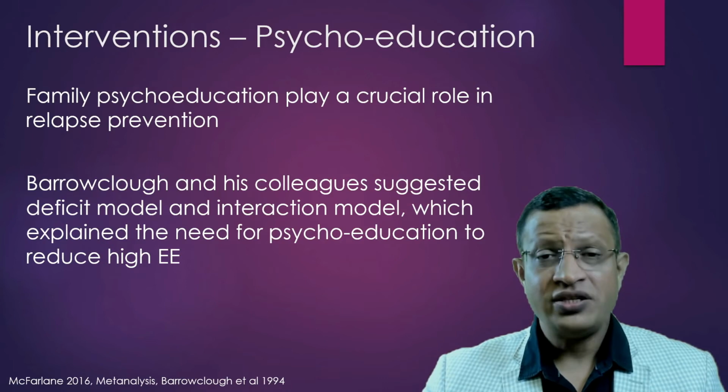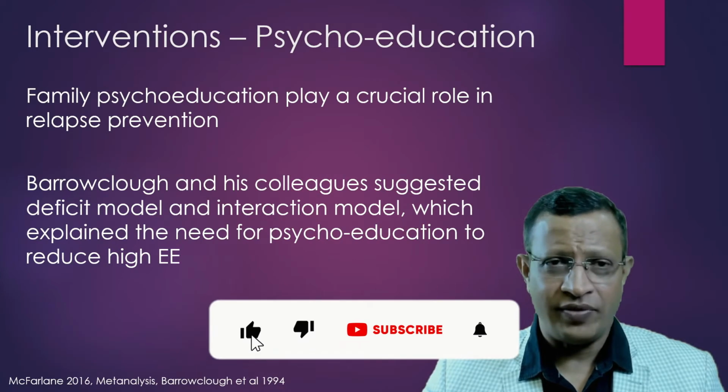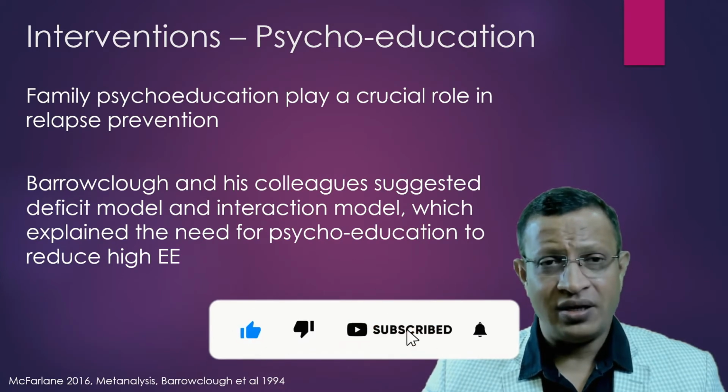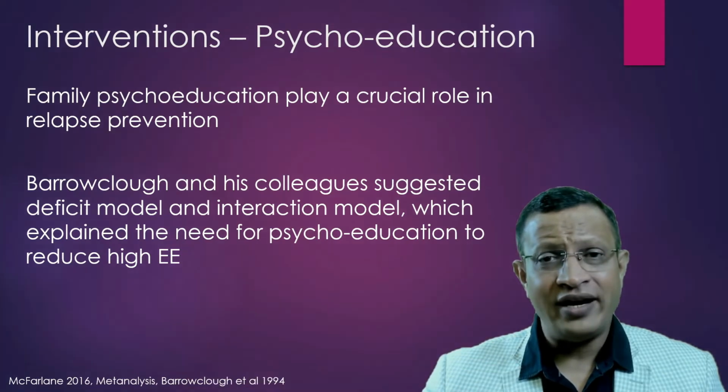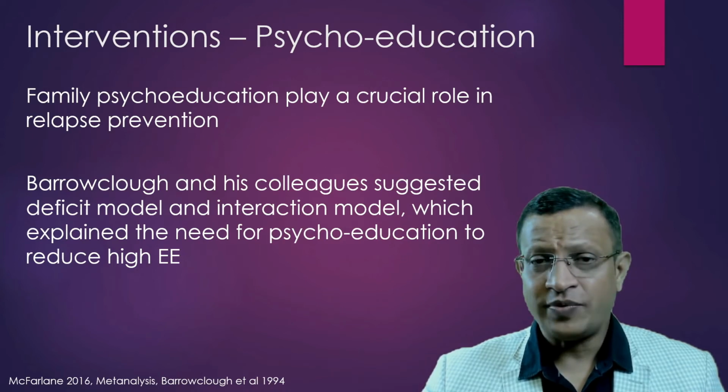Further, psychoeducation. As I mentioned earlier, family psychoeducation plays a crucial role in relapse prevention. As I mentioned earlier, Vaughn and his colleagues suggested the deficit model and interactional model played a crucial role in developing high expressed emotion.